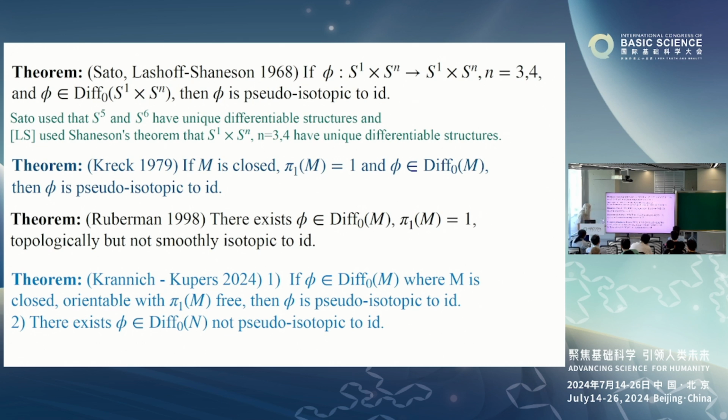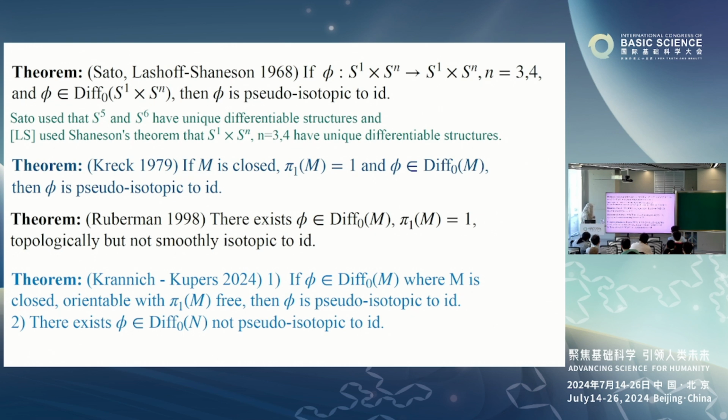On the other hand, unlike higher dimensions, Danny Ruberman, using gauge theory, showed that there's a diffeomorphism of a closed, simply connected manifold, homotopic to identity, that's not isotopic to identity, but in fact, it's topologically isotopic to identity.